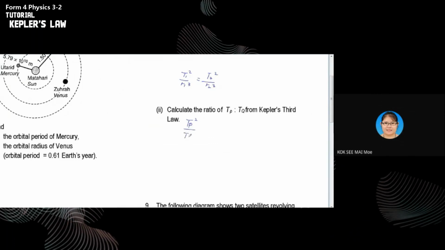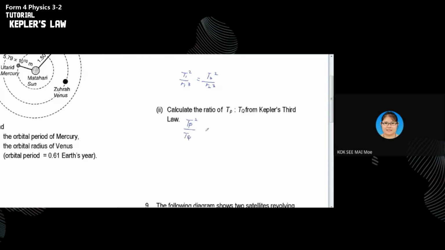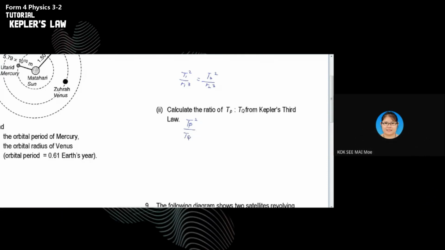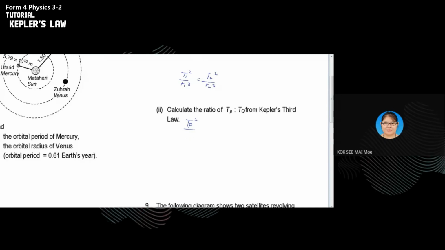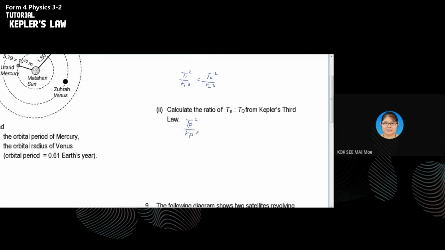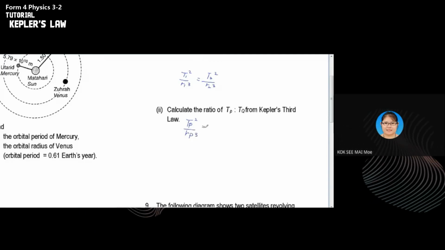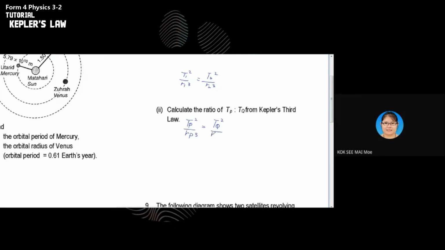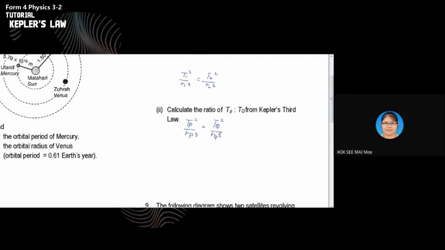So this one is TQ, wait, let me show you clearly first, don't change first. So we just write RP cube. Then this one is TQ square, R cube. Okay, like this.